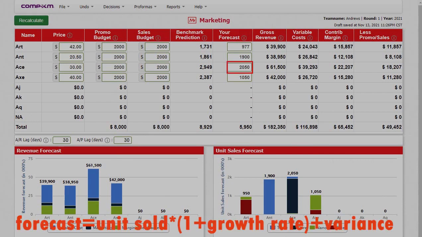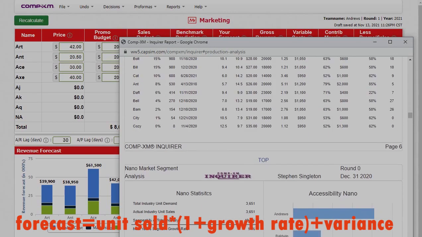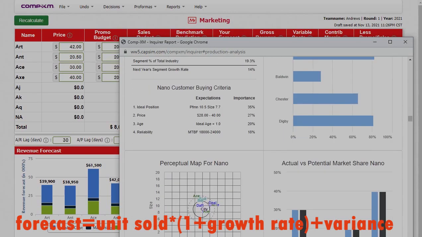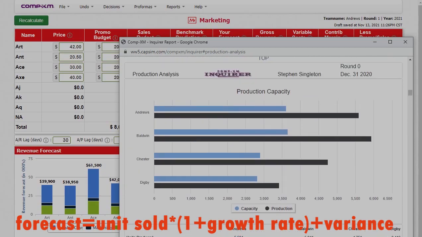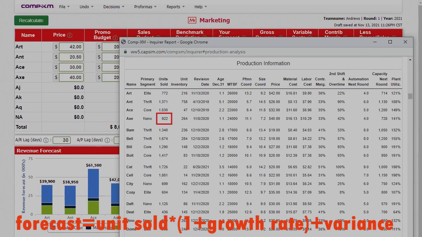Okay, our final product, which is X, our nano product. If we go to nano, we'll see the market is growing at a rate of 14%, and X sold 922 units. So if we just take 922 and multiply by the growth rate, which is 1.14, we'll get 1050.